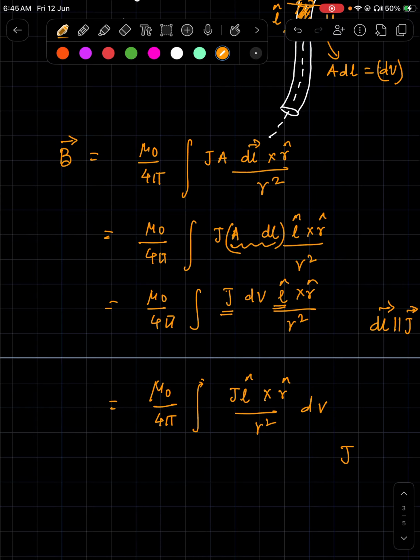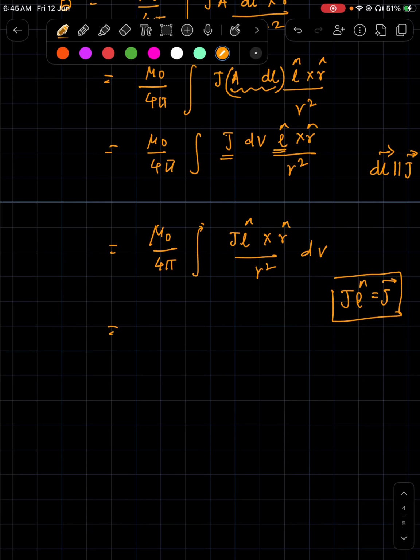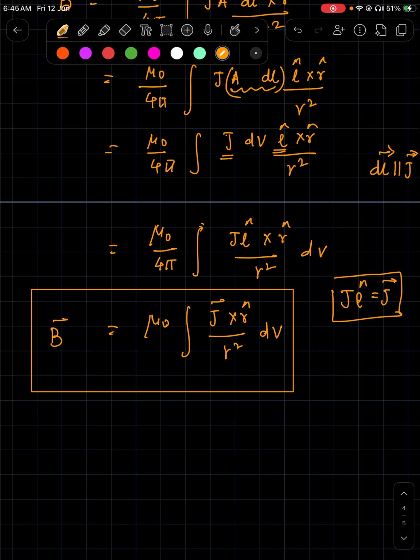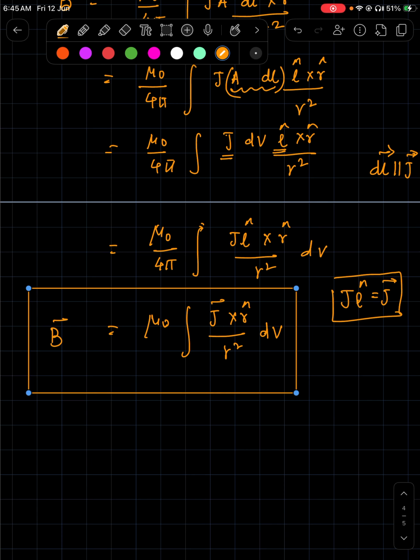This is another form of the Biot-Savart law in terms of the current density. It can be asked in the exam to recognize that this is the Biot-Savart law when it is expressed in terms of the current density.